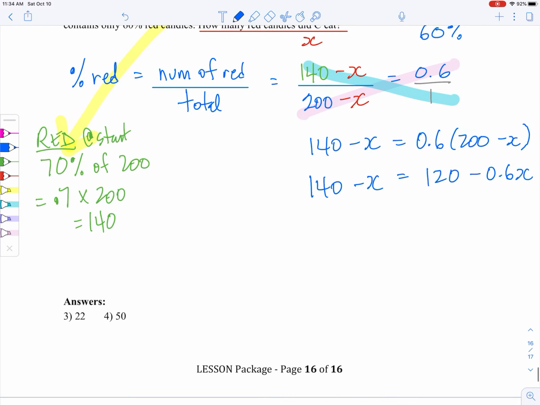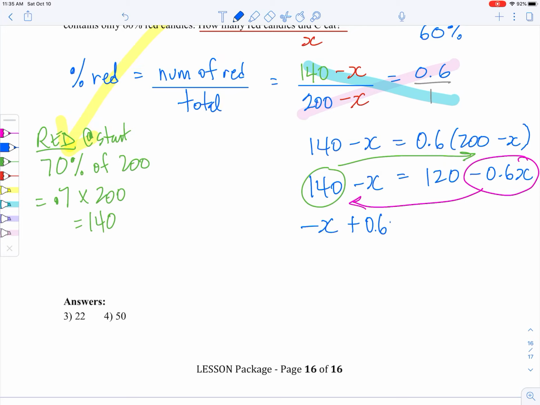And we're going to move some stuff around. I'm going to bring the 140 over to that side, and I'm going to bring this minus 0.6x over to this side. So minus x was already there. Minus 0.6x, subtracting turns into adding, so plus 0.6x equals 120 minus 140. On the right side, we get minus 20.